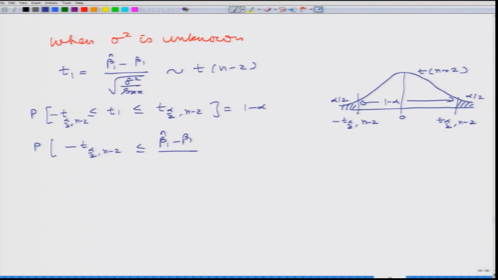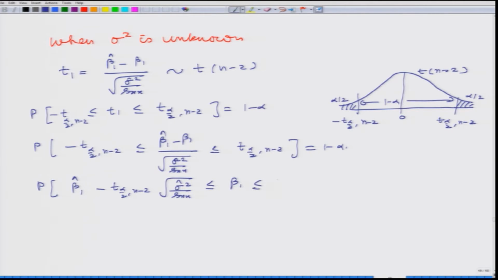So, now let us further solve it, and we can write the probability that (beta 1 hat minus beta 1) over the square root of sigma square hat over Sxx is less than t alpha by 2, n minus 2 in absolute value is equal to 1 minus alpha. Or this can be written as the probability that beta 1 hat minus t alpha by 2, n minus 2 times the square root of sigma hat square over Sxx is less than or equal to beta 1, which is less than or equal to beta 1 hat plus t alpha by 2, n minus 2 times the square root of sigma hat square over Sxx, and this probability is equal to 1 minus alpha.